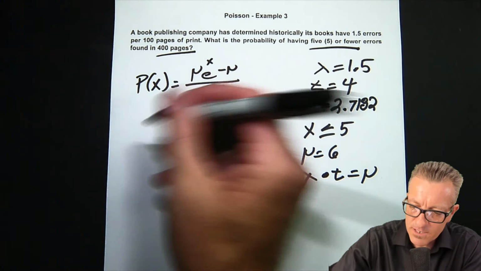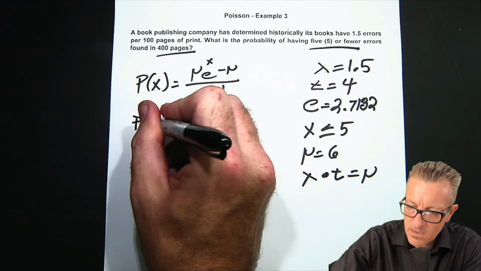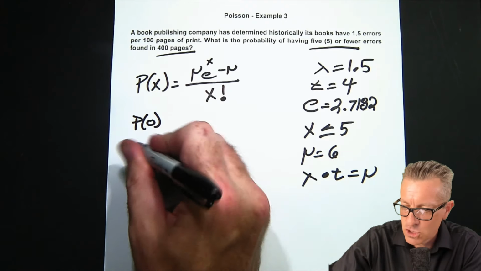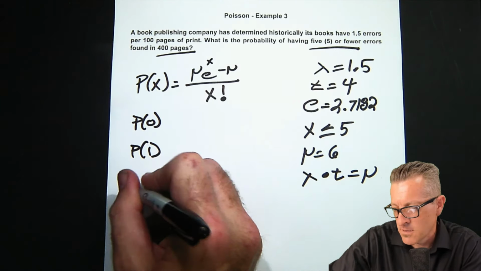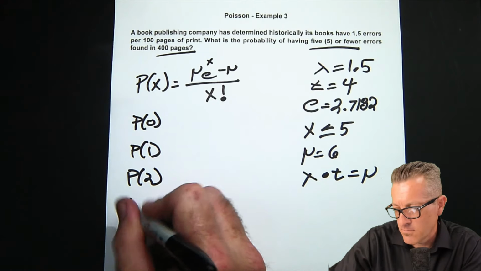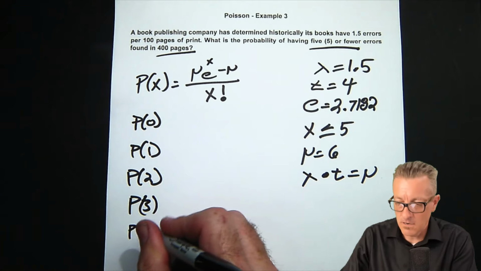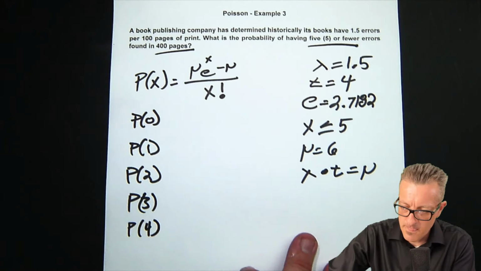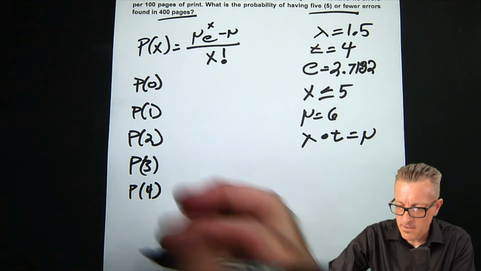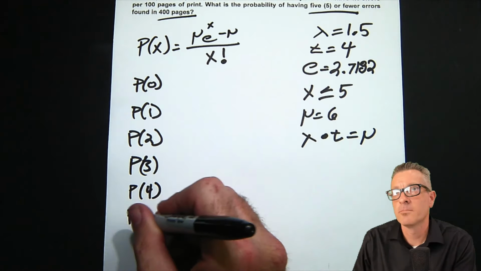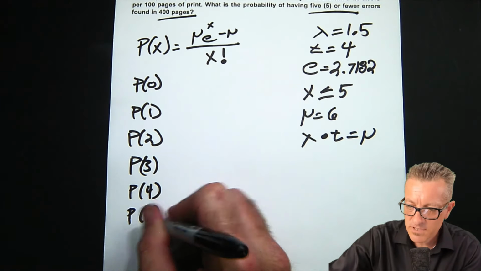But to do this type of question, we actually have to have P0, P1, P2, P3, P4, and P5. So it gets a little bit cumbersome, you'll see.